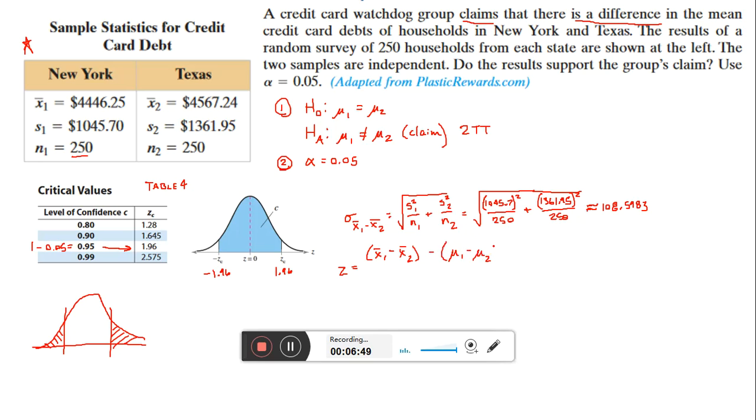Because x bar is the mean of the sample, mu is the mean of the population. And of course, we have our sigma of x bar 1 minus x bar 2. Now, nice part is that this is not going to be as complicated as it looks. All right, x bar 1.